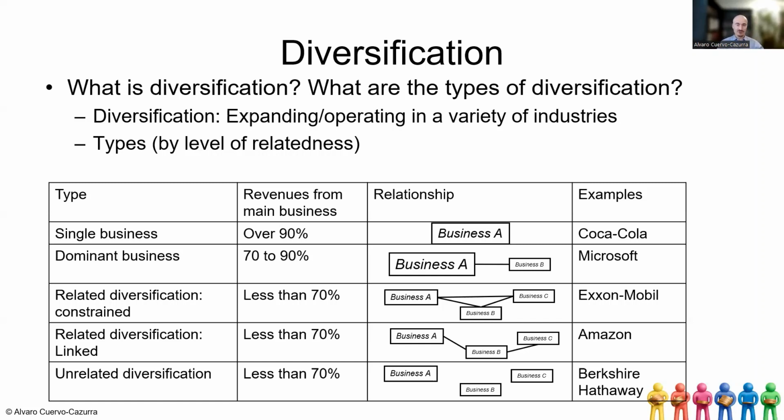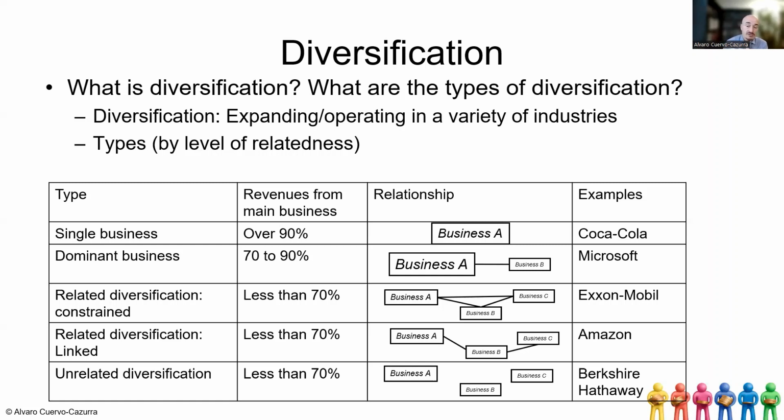If they are completely unrelated, completely different industries, with no technological or customer connection among them, we call them unrelated. And within the related, the constraint pretty much seems to be integrated, linked. It's a story of more vertical integration. I'm operating in my supplier or the next segment within my industry value chain.